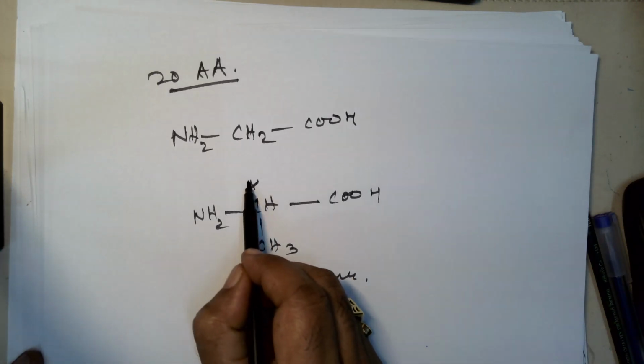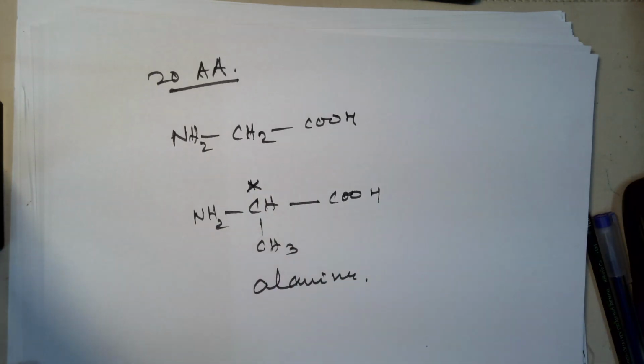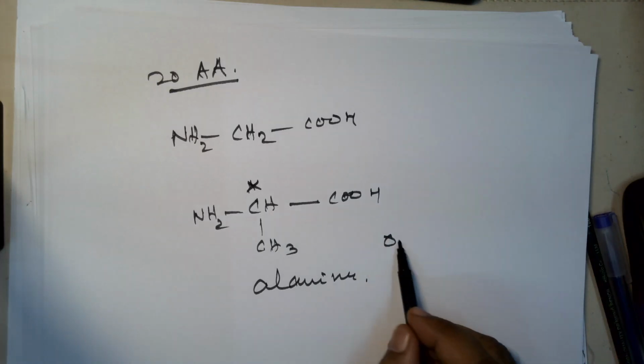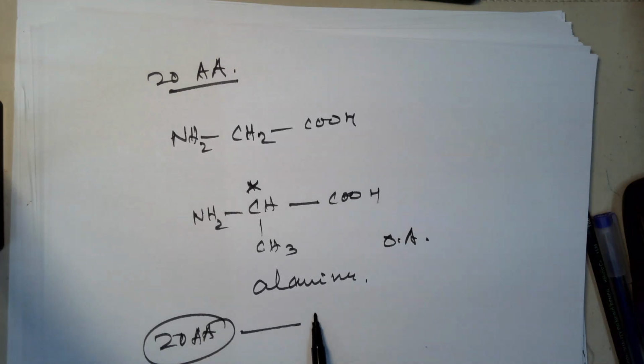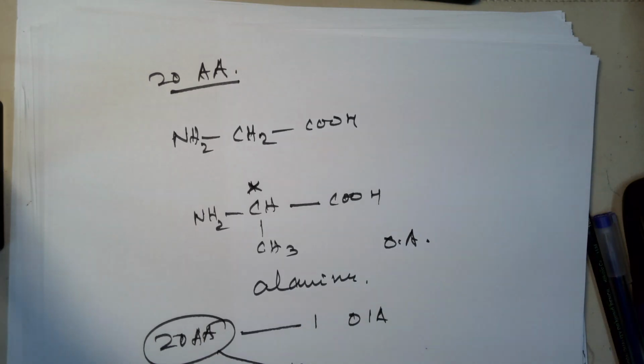This alanine is asymmetric. It has an asymmetric carbon atom, so it is optically active. Among the 20 amino acids, one is optically inactive and the remaining are optically active because of the presence of an asymmetric carbon.